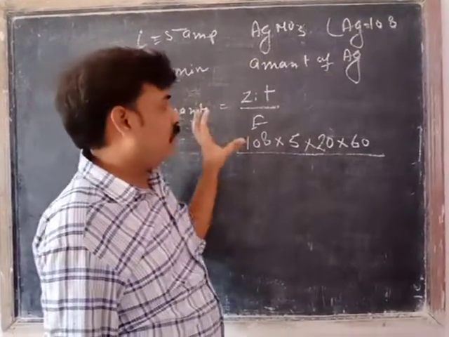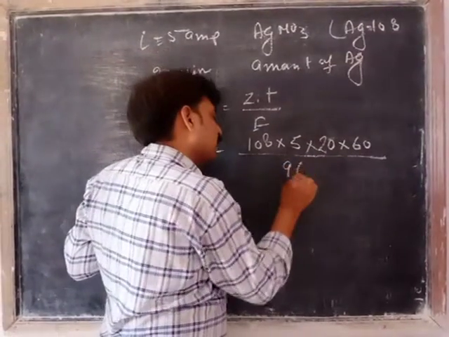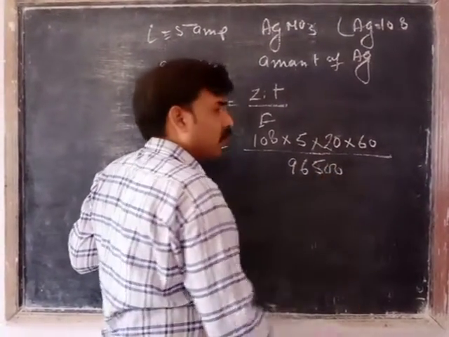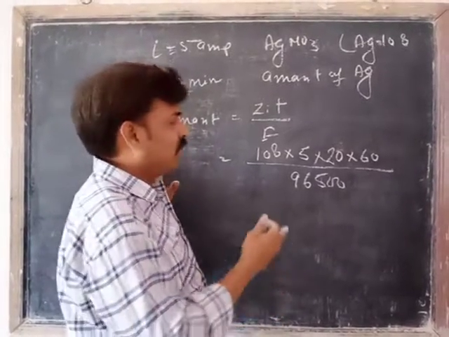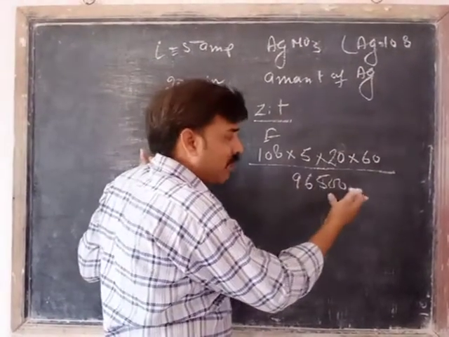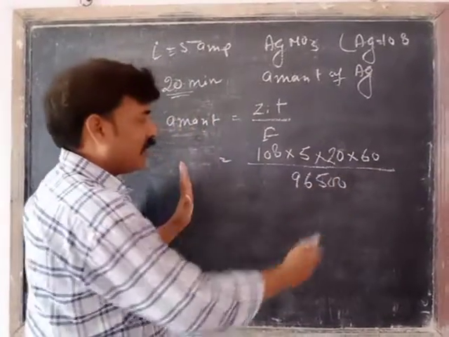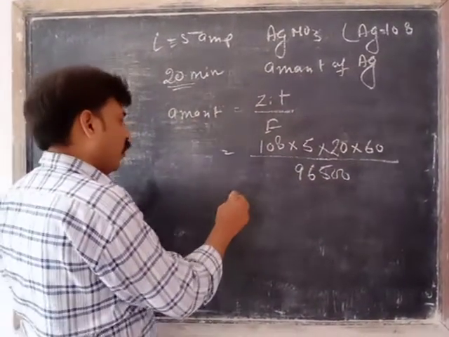Generally we use the Faraday value 96500. Even though the actual value of the Faraday constant is 96487, generally we use this value 96500. Now by solving this, we will get the amount of silver deposited.